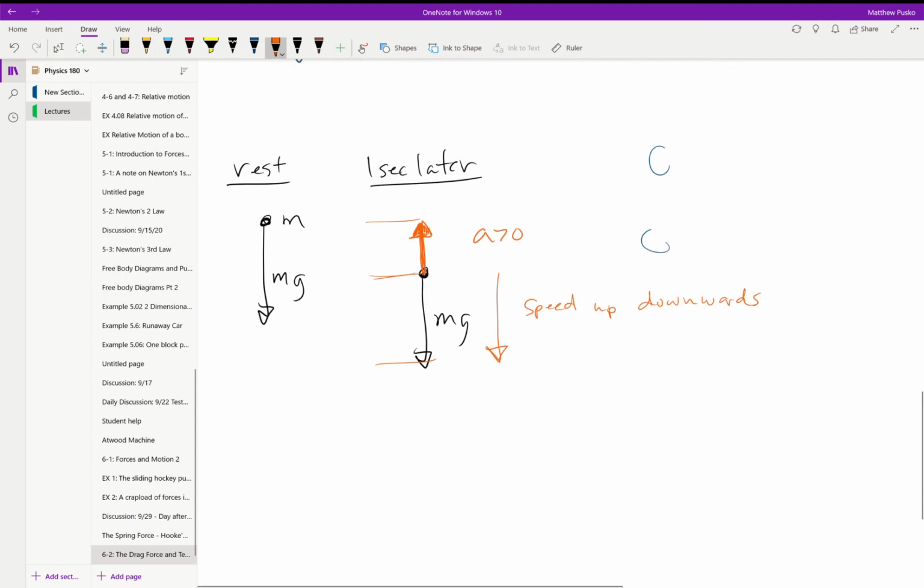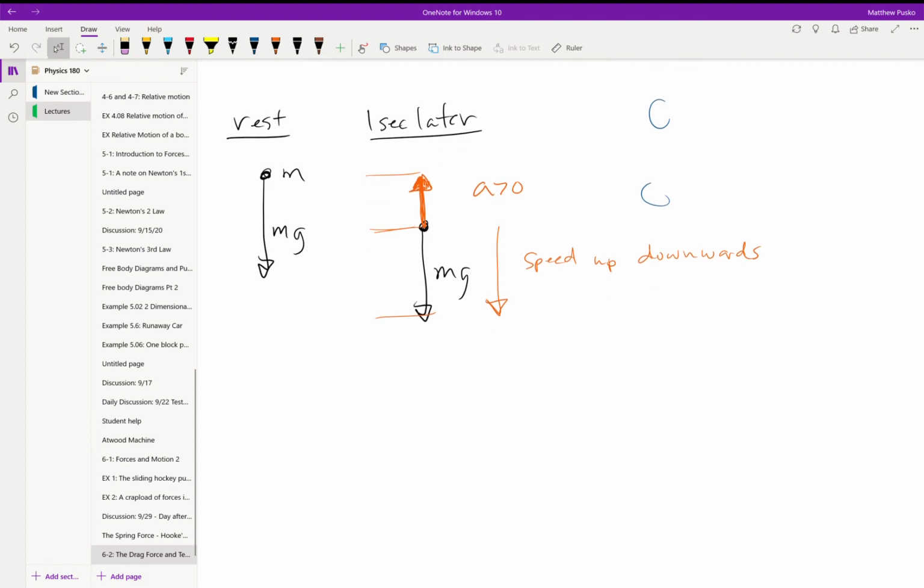Alright, if we looked at something, I don't know how long it takes, we can calculate that, but let's just say at terminal velocity. We looked at rest, we looked at shortly after releasing the object, and if we look at terminal velocity, when it can no longer go any faster due to its shape, due to the density of air, that literally means that the acceleration is now 0.